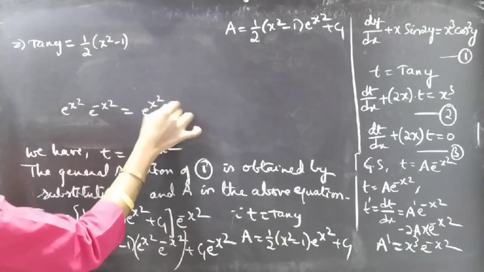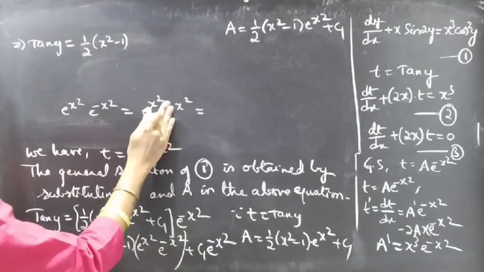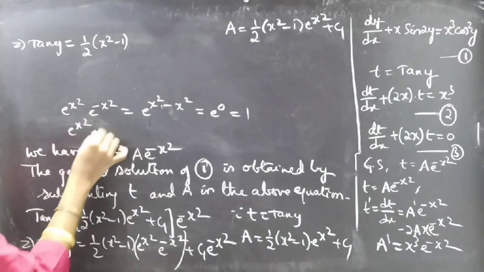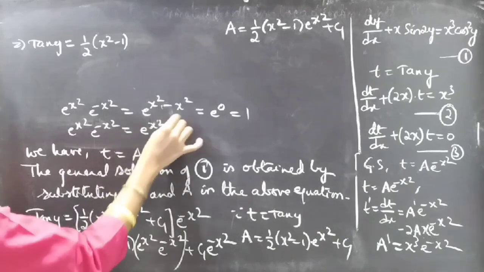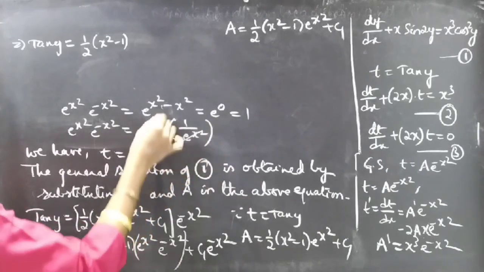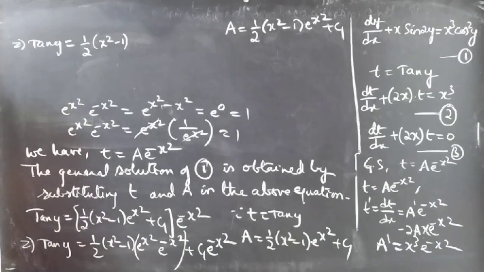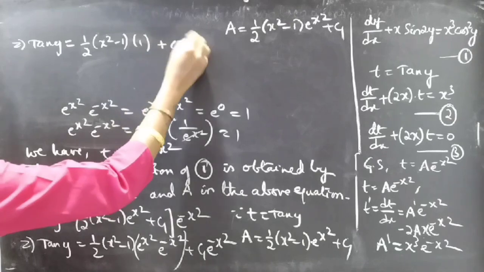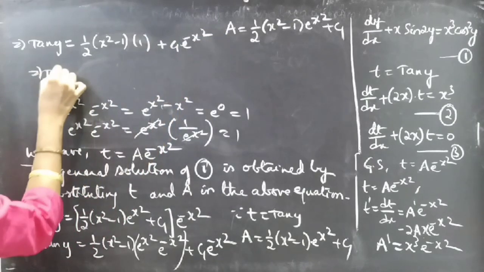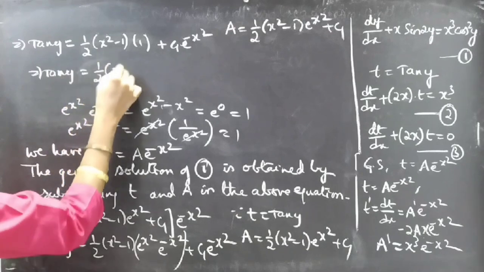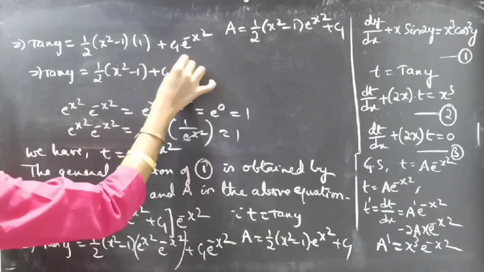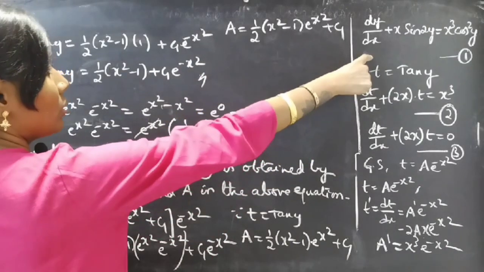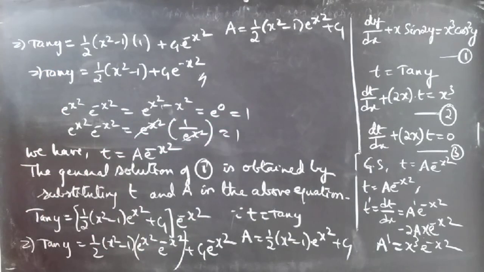Either we can add the powers, then we'll get e power 0, since e power 0 equals 1, or we can write e power minus x square as 1 by e power x square, where e power x square gets cancelled, and we'll get 1. So we can replace e power x square into e power minus x square by 1, plus c1 e power minus x square. This gives us tan y equal to 1 by 2 into x square minus 1 plus c1 e power minus x square, which is the required solution of the given equation of order 1.